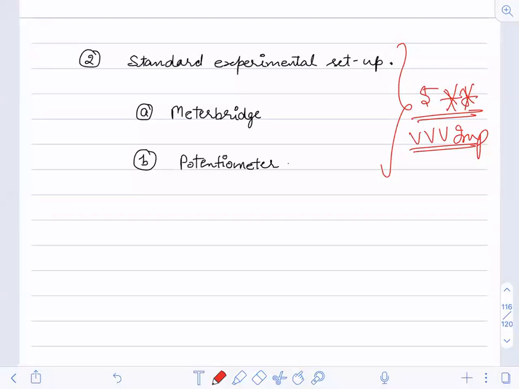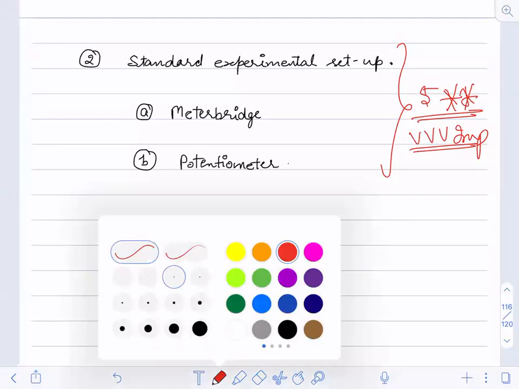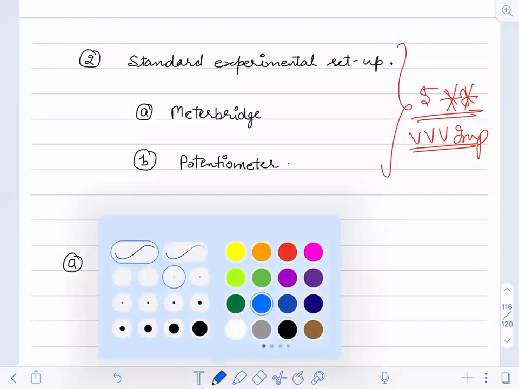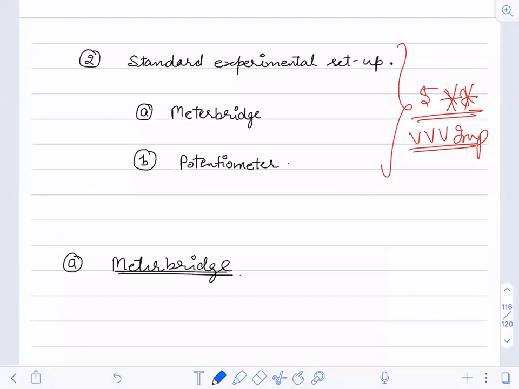So first what we are going to see is the meter bridge. What is the use of this? It is used to determine the unknown resistance.